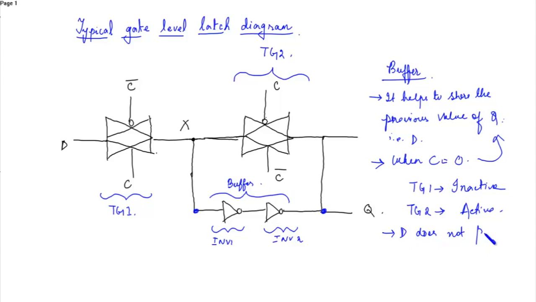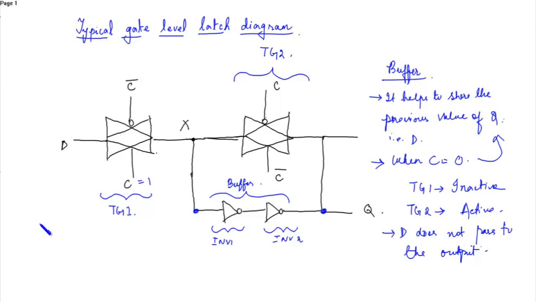That's the reason why you need this buffer: at first C will be 1, then this value of D will be obtained at the output, and here this value will be stored. So this was the gate level diagram of a CMOS latch.